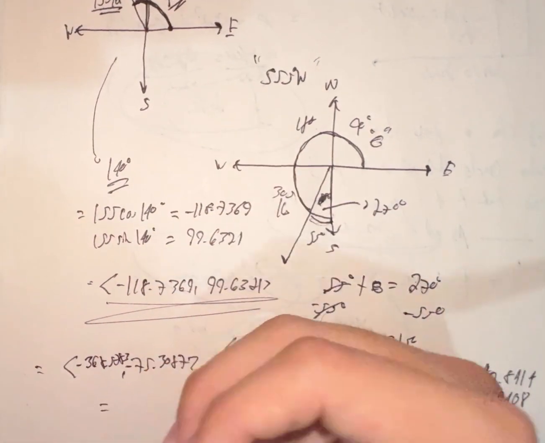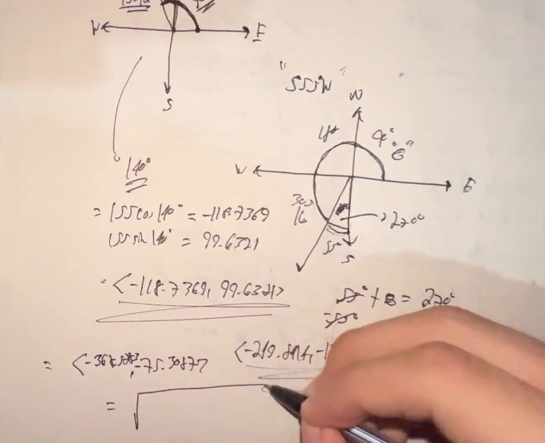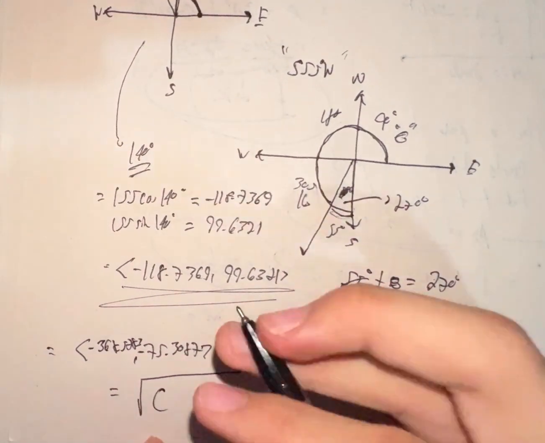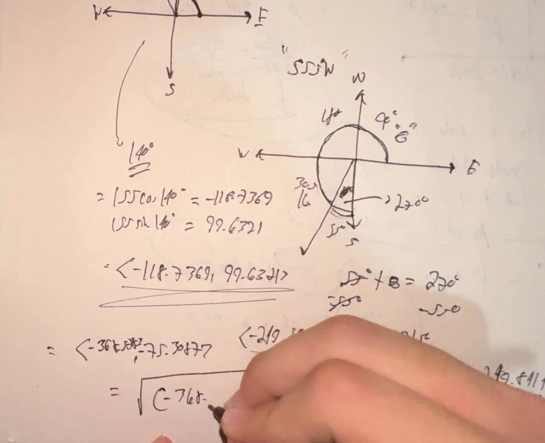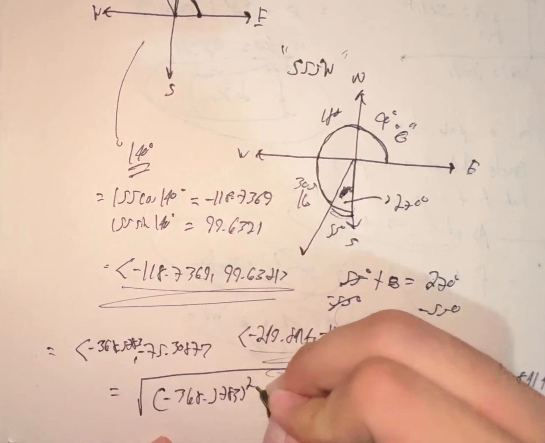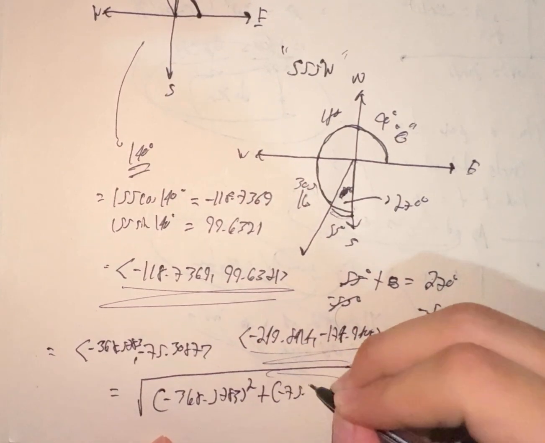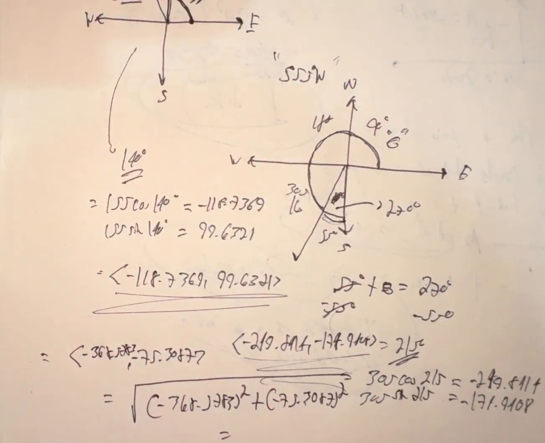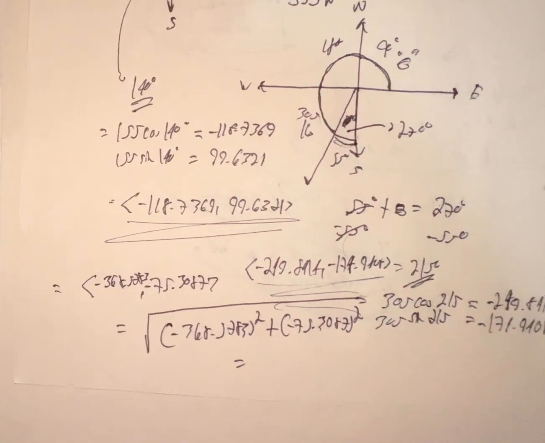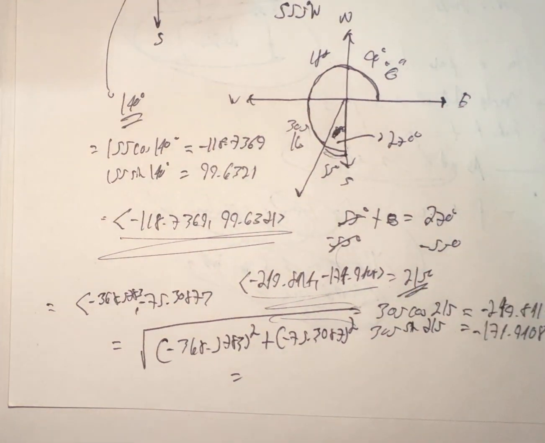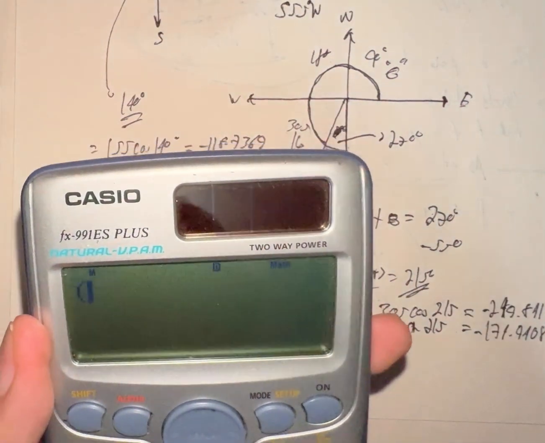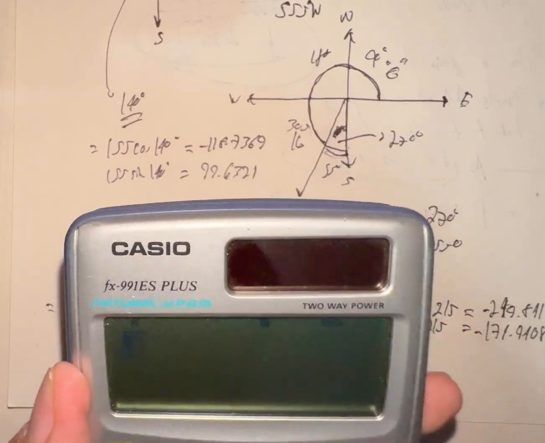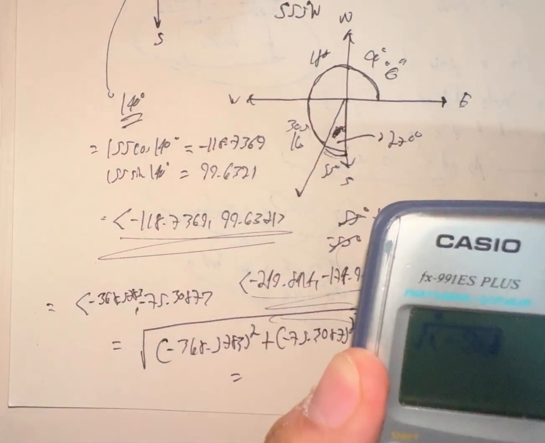Pardon my handwriting. Now we're going to use the Pythagorean theorem: negative 368.5783 squared plus negative 75.3087 squared. Let's substitute it here.